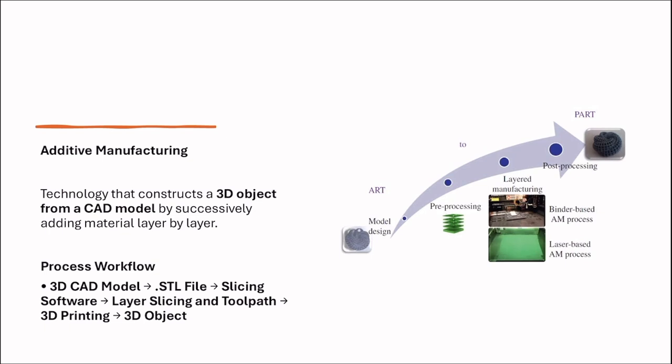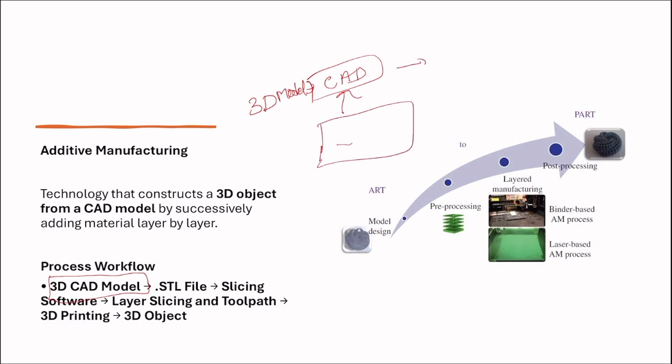We'll see what the process of 3D printing is, first of all. You will have a 3D CAD model. CAD is a software where you put a 3D model design. For that, you will have to understand a little of the functionality of CAD, and then you will prepare a model. Once the model is prepared, it is saved as an .stl file. In this STL file, we give basic descriptions, like I want a bowl.